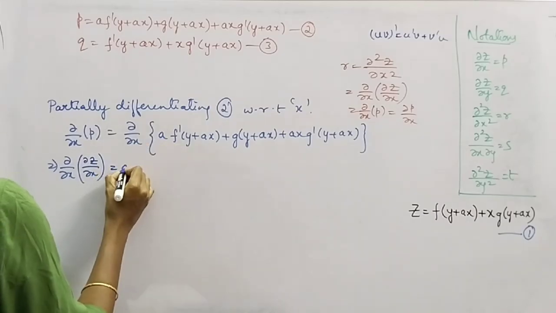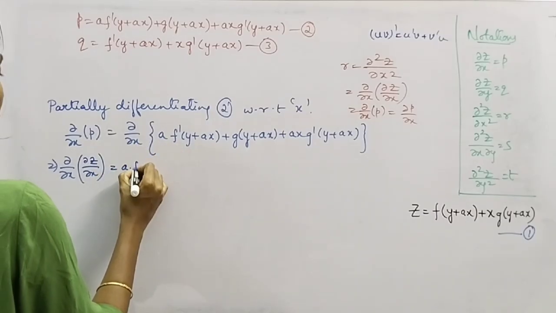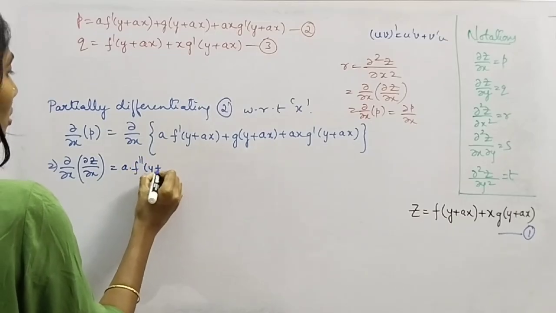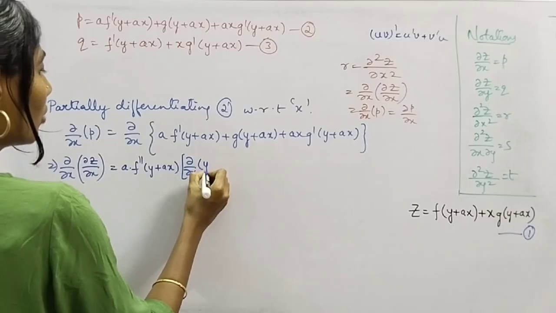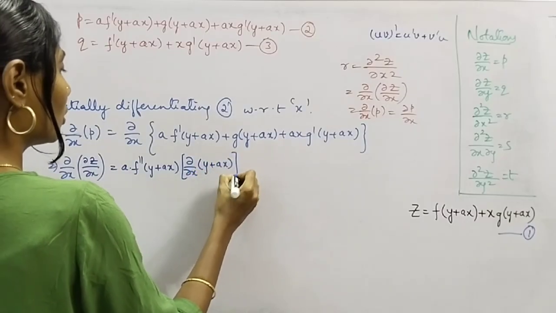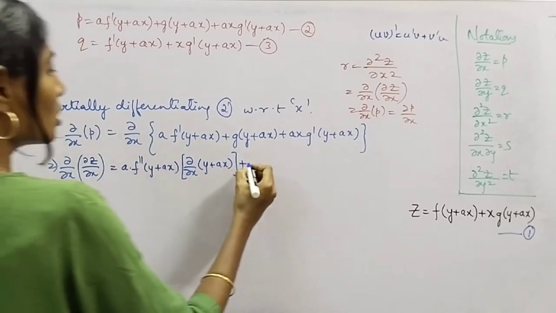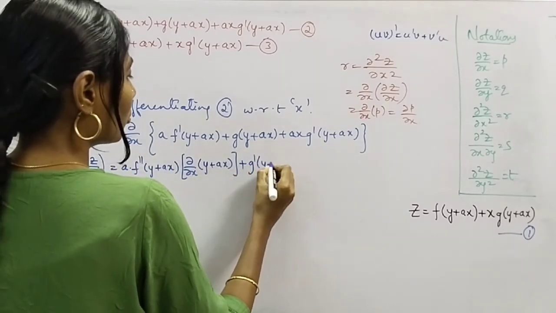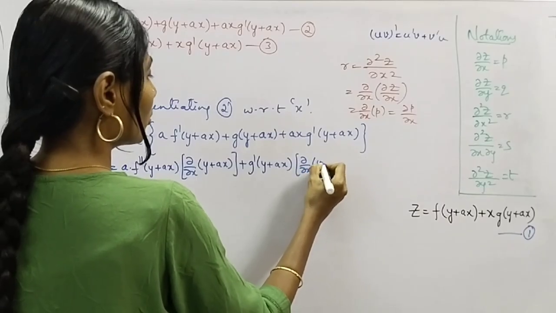This equals the constant a into the partial derivative of f dash of (y plus ax) with respect to x, which is f double dash of (y plus ax) into the inner derivative dou by dou x of (y plus ax), plus the partial derivative of g of (y plus ax) with respect to x, which is g dash of (y plus ax) into the inner derivative dou by dou x of (y plus ax).